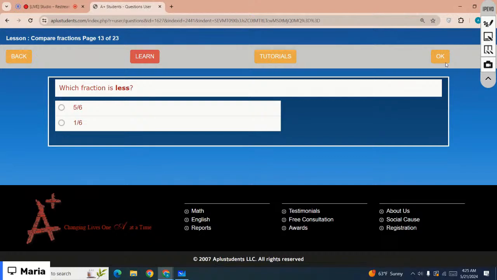Which fraction is less? That is, yes, 1 by 6 is less than 5 by 6.